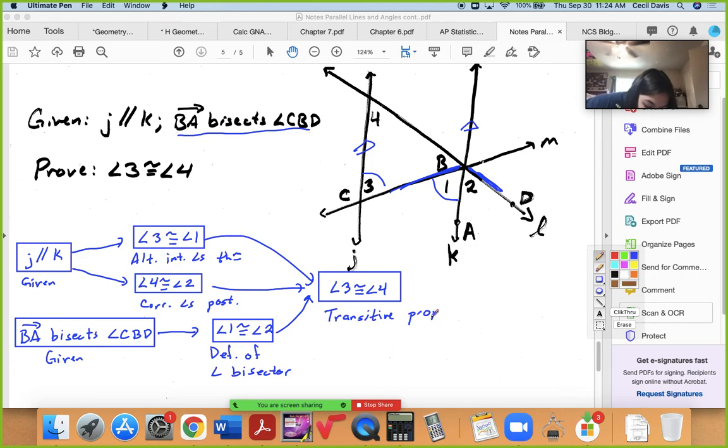I do make you on this one do one other thing. We really have used the transitive property twice. We went from 3 to 1 and 1 to 2, so 3 and 2 are congruent. And then we said 2 is congruent to 4, so 3 and 4 are congruent. I just make you say I used it twice.